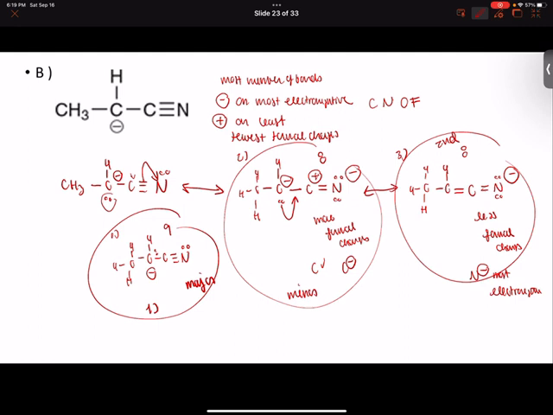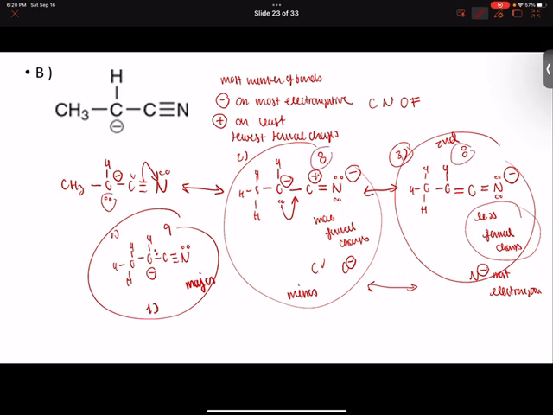So when comparing these two down here, what really let me know that this one was going to be more major than the other one was that it had fewer formal charges, and the two of them had the same number of bonds.